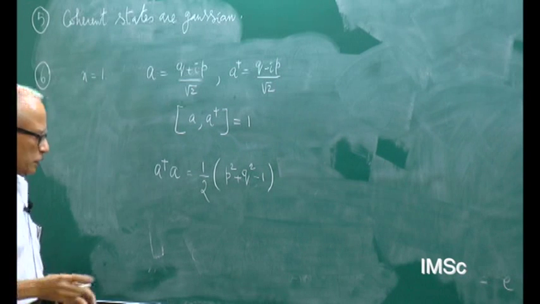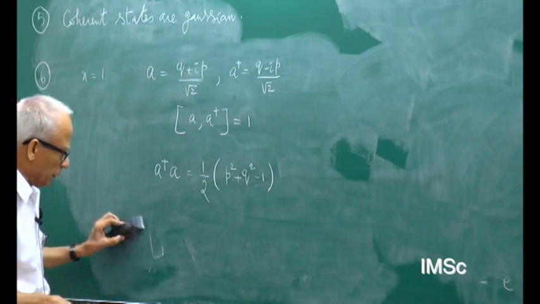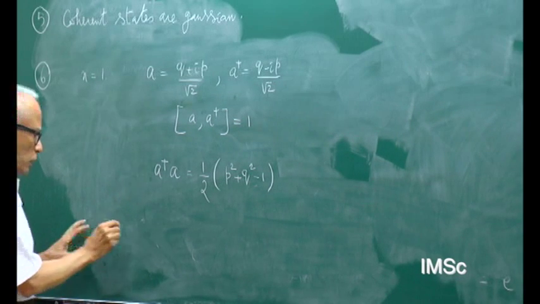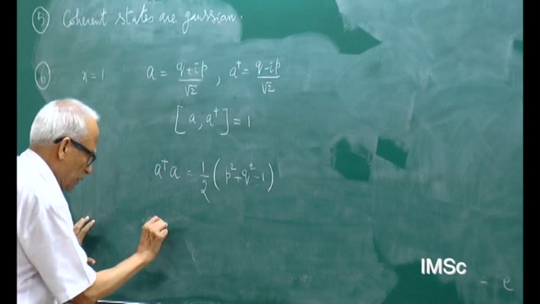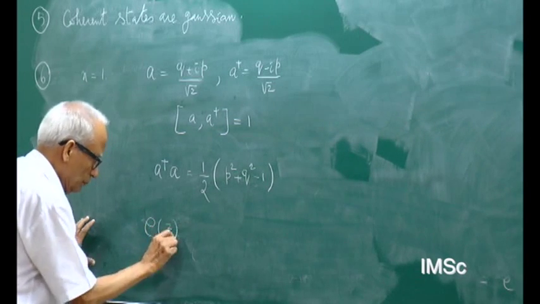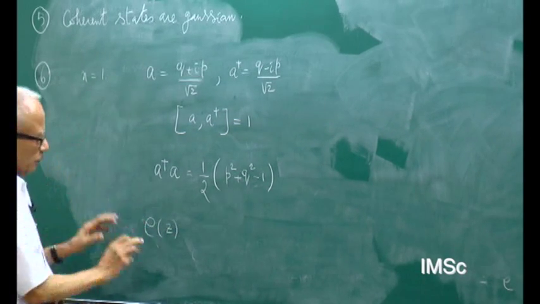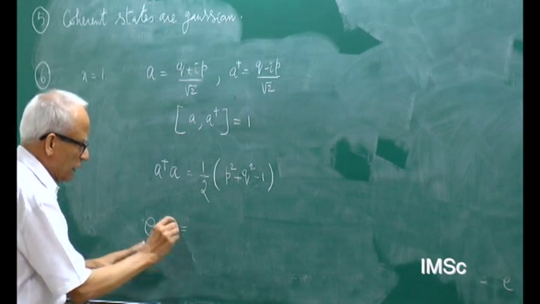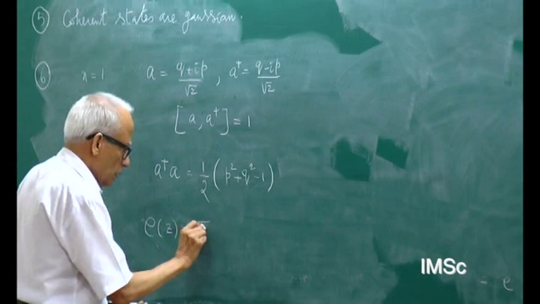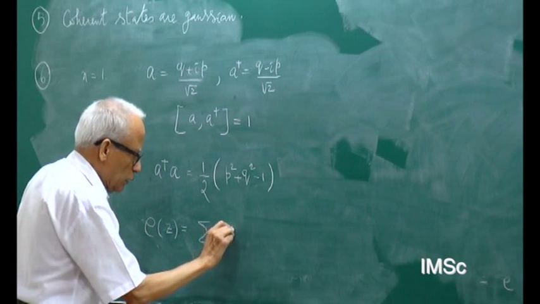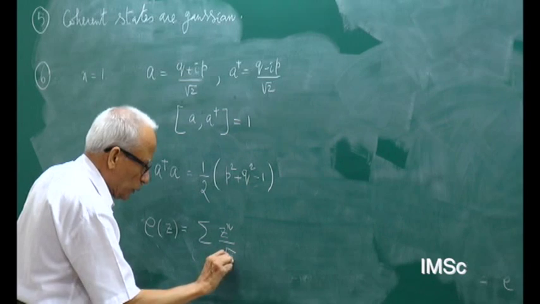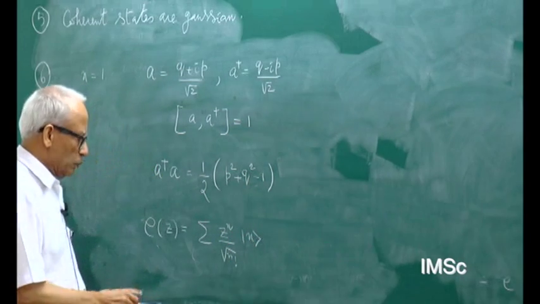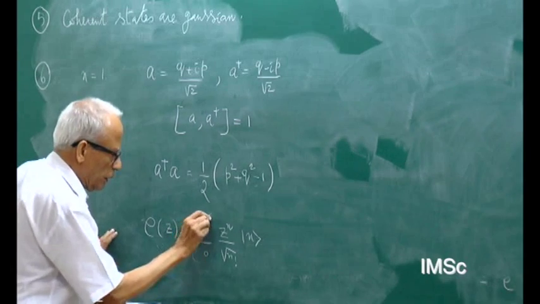So I consider this operator. This has some important properties. The exponential vector, I am in dimension 1, n is equal to 1. So Ez can be written as a power series. It is actually z power n by root n factorial multiplied by some element in the Hilbert space L2 R, n from 0 to infinity.